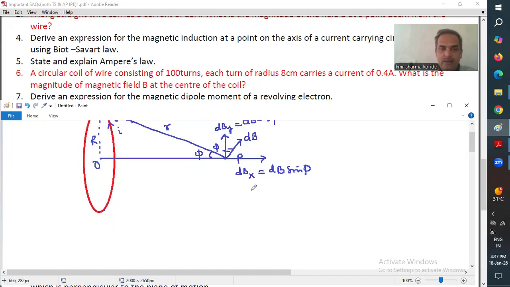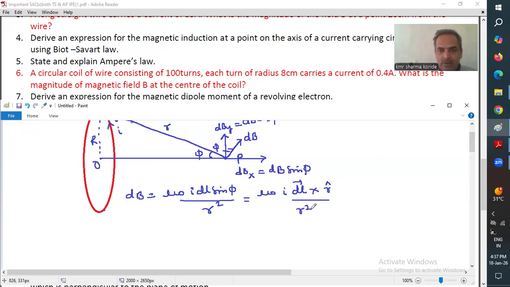Now get back to the Biot-Savart law, the mathematical form. It is dB equals mu naught I dl sin phi divided by r square. If you remove the sine, you can express it in terms of the position vector. This is the vector form of the Biot-Savart law: mu naught I dl cross r cap divided by r square.